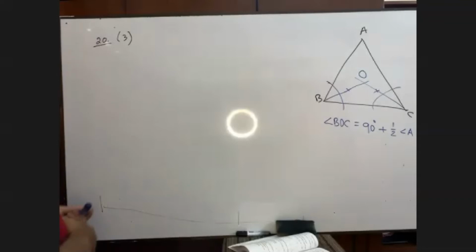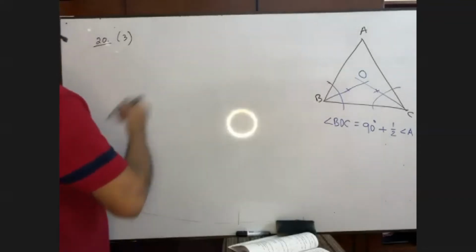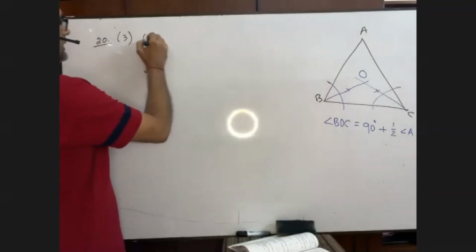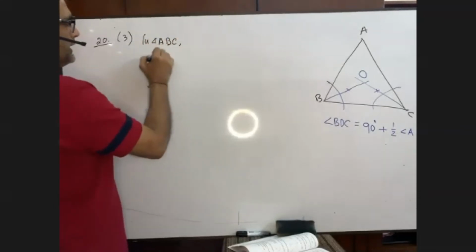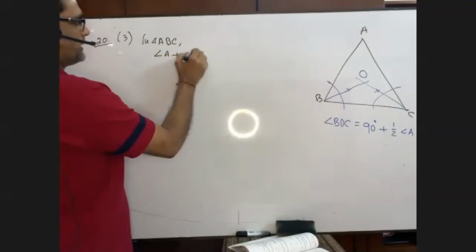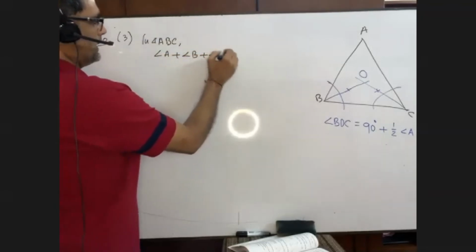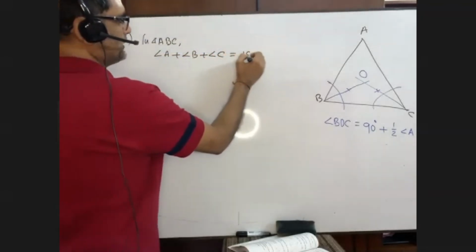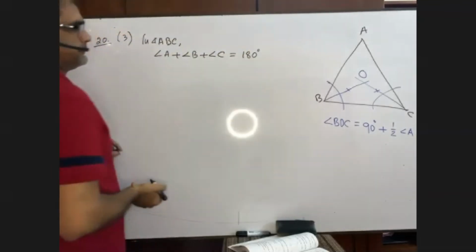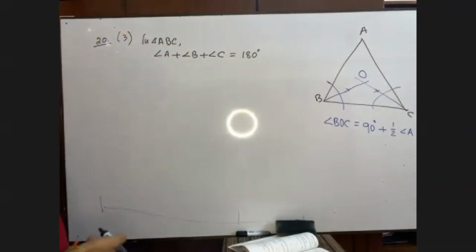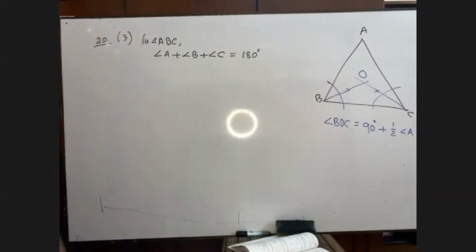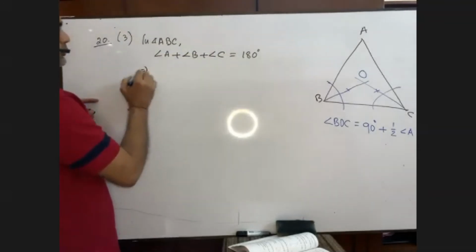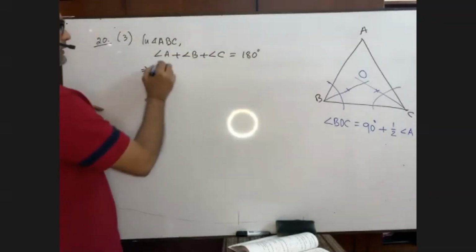Okay, that's good. What do you get in triangle ABC? Angle A plus angle B plus angle C equals 180 degree. Now we divide by 2. Then what will we get?